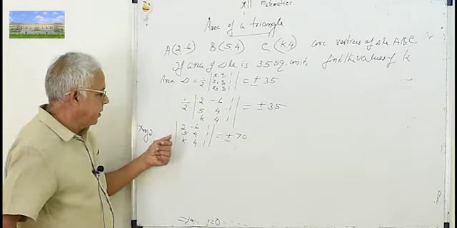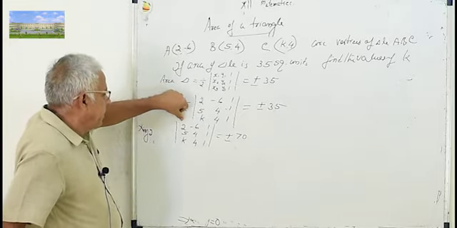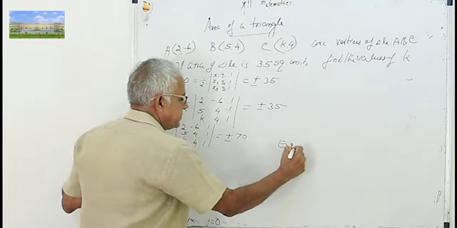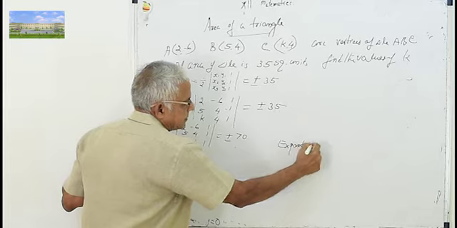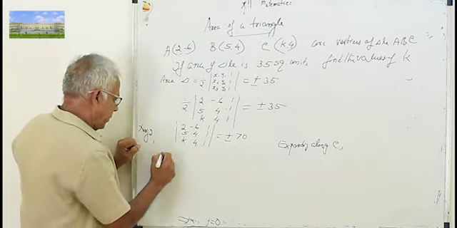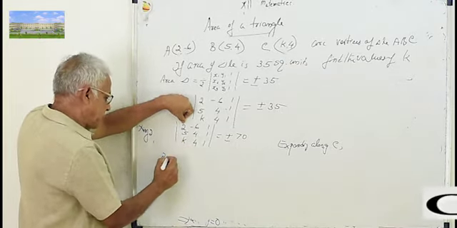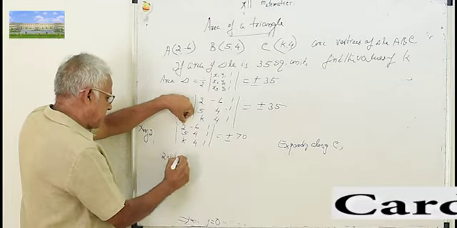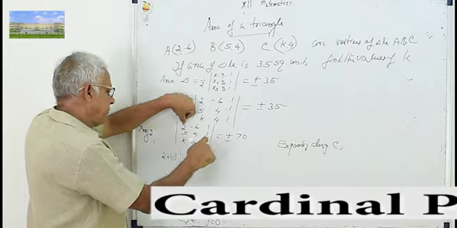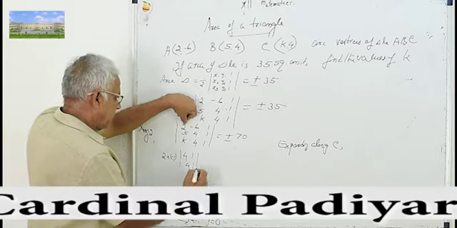Expanding along C1. So 2 into deleting A11, the sign is positive. Delete the row and column containing the element 2, then we get 4 1, 4 1.